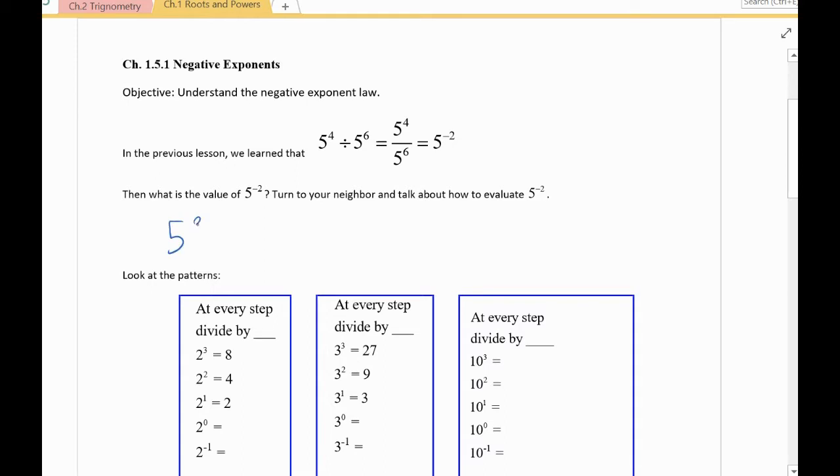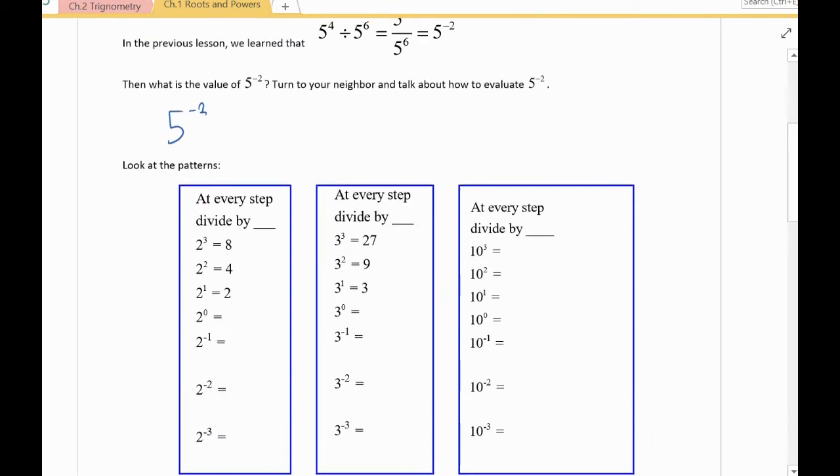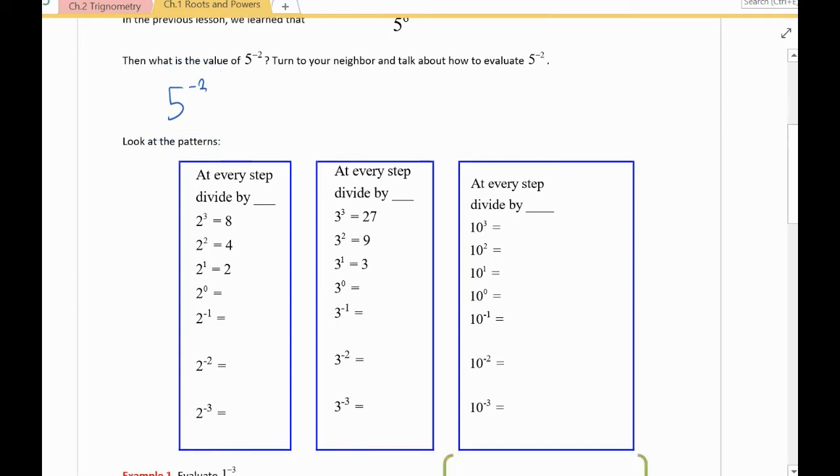It's not 5 squared. It is 5 to the power of negative 2. So I want you to think about it. And we're going to do this one to get some hints, to find out what 5 to the power of negative 2 is.